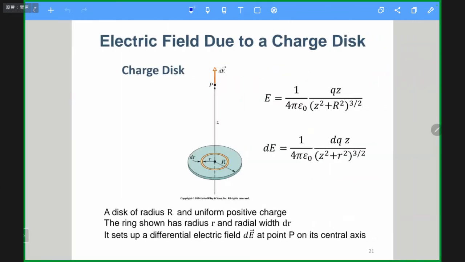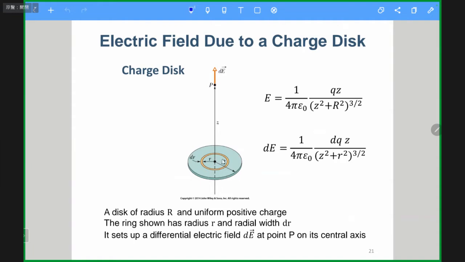Okay, so this is another case, which is about the electric field due to a charged disk. Just now we considered a ring, and here we consider the solid disk. You can see here the green one is a solid disk. And of course, we can try to separate the disk into small pieces.